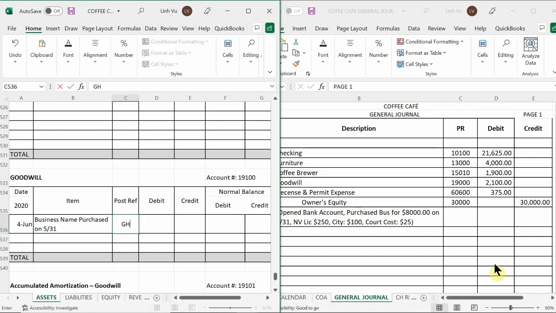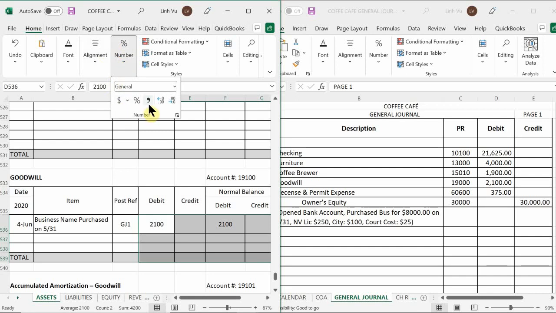Okay. General journal, once again, is the first general journal. And because it was an acquisition of an intangible asset, that's going to increase my asset by $2,100. And again, this will increase your account on the debit side by $2,100. Okay.